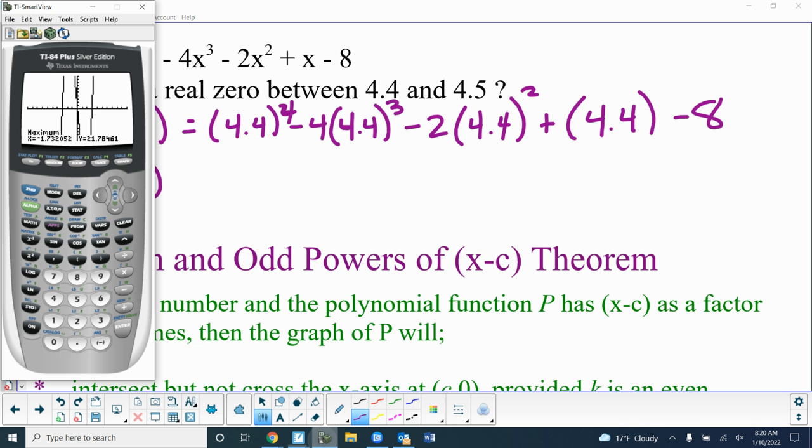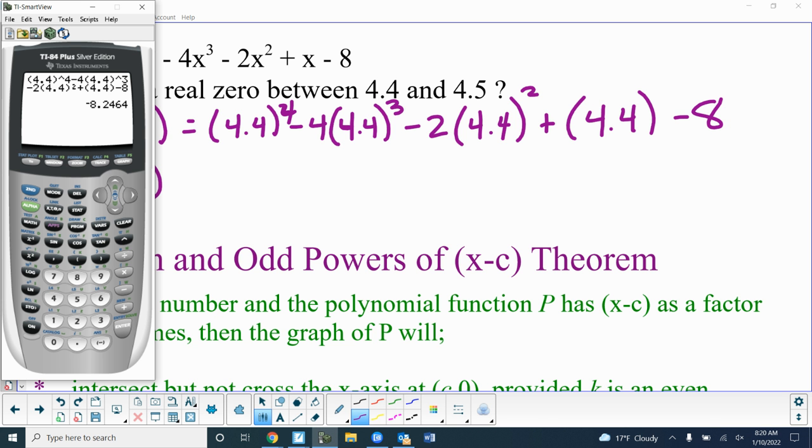Go to my calculator, hit second quit to get out of there, and just put that in my calculator. Minus 4.4 to the 3rd, minus 2 times 4.4 squared, plus 4.4 minus 8.